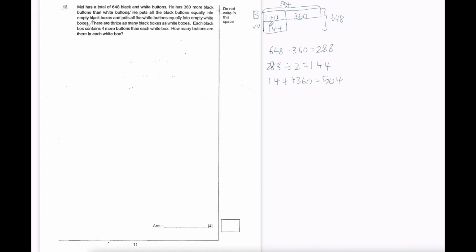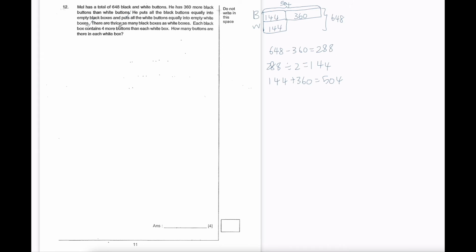For example, white buttons can have like 10 in each box, while black buttons can have a different number. Okay, they do not have the same number of buttons in each box, but they do have the same number of boxes. I mean, black will have 3 times as many boxes as white boxes.